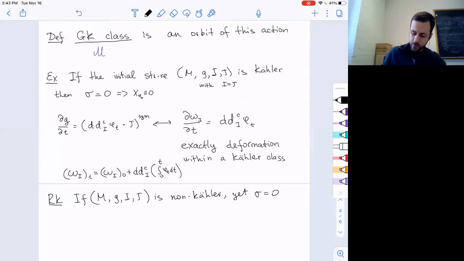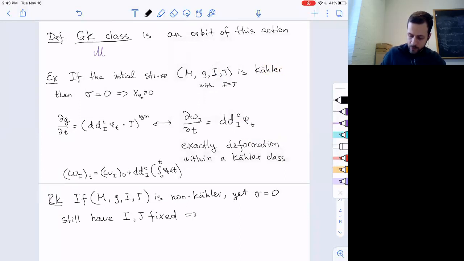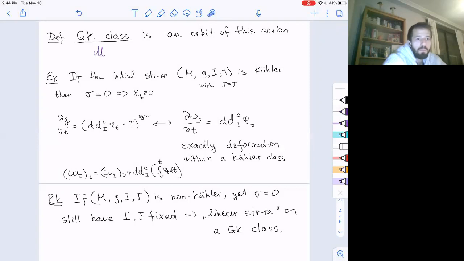So if you're in a commuting case, we still have I and J fixed, and the advantage of this special case is that it actually gives you a linear structure, maybe I shall call it an affine structure, on a generalized Kähler class.